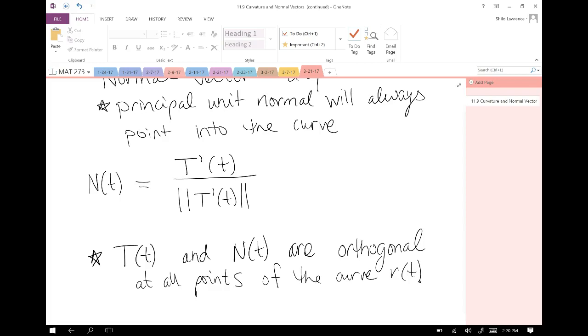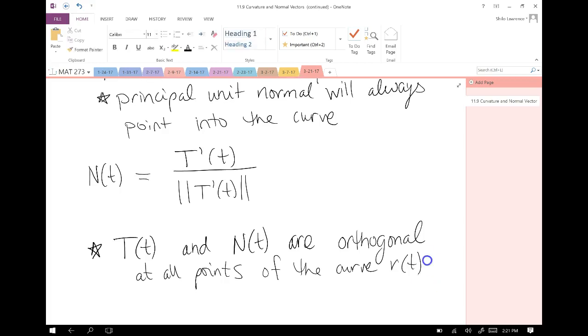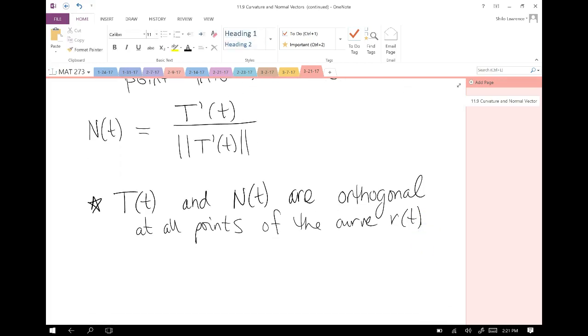What equals 0 at 90 degrees? Cosine. Cosine equals 0 at 90 degrees. There's something that has cosine in the formula.